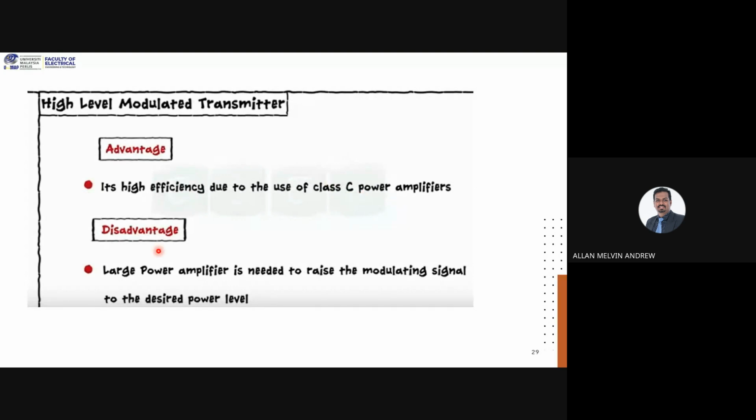And the disadvantage: a large power amplifier is needed to raise the modulating signal to the desired power level.